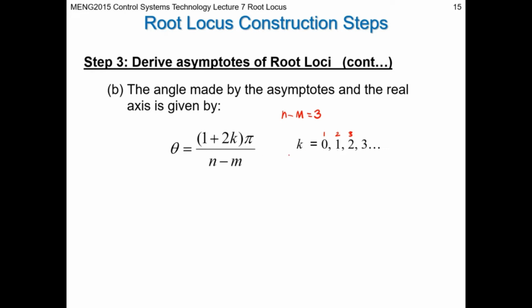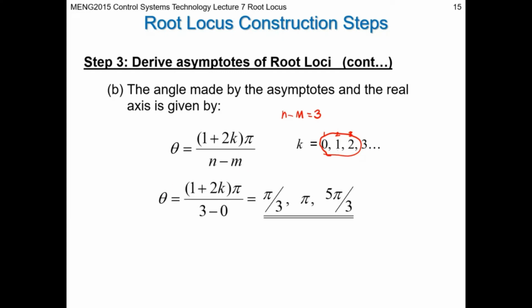So for our 3 poles and no zeros, we'd use values of k of 0, 1, and 2. So what would our theta be in this case? Theta equals 1 plus 2k times pi over 3.